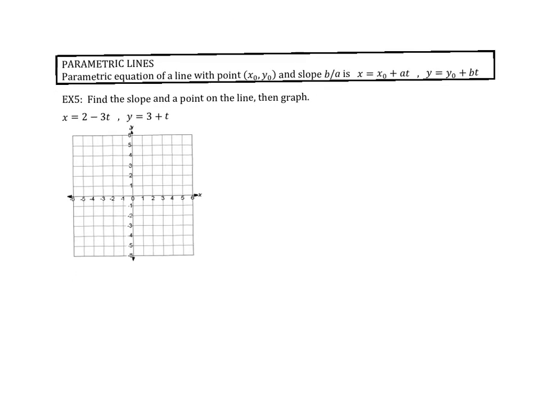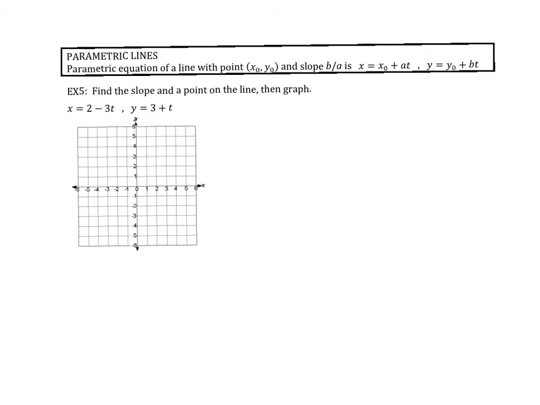We're going to move on from circles, and we're going to look at another type of parametric equation that comes up a lot, and that would be lines. So the parametric equation of a line that's passing through some point x sub 0, y sub 0, and with a slope of b over a, is going to be x equal to x sub 0 plus at, y equal to y sub 0 plus bt.